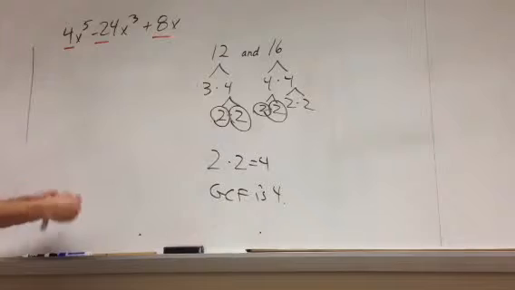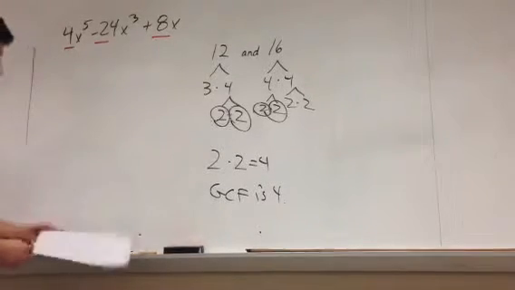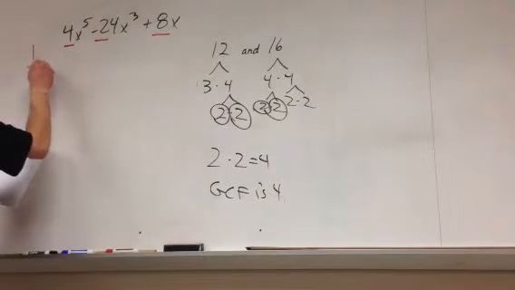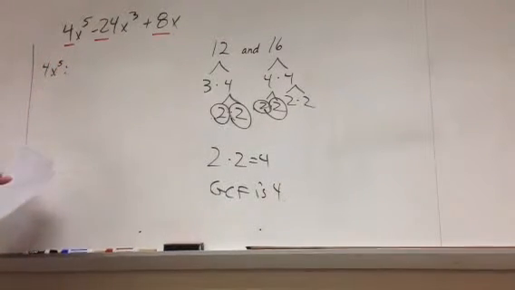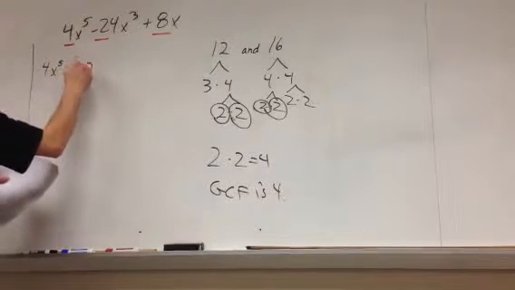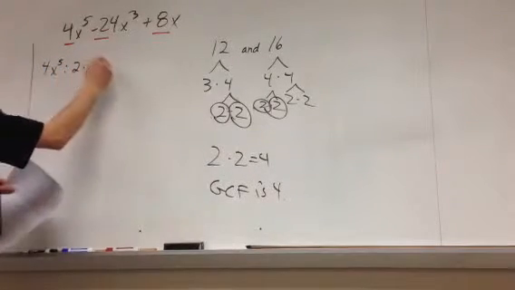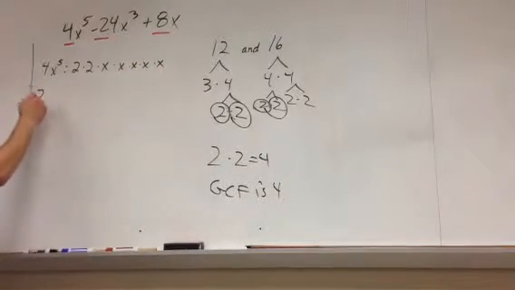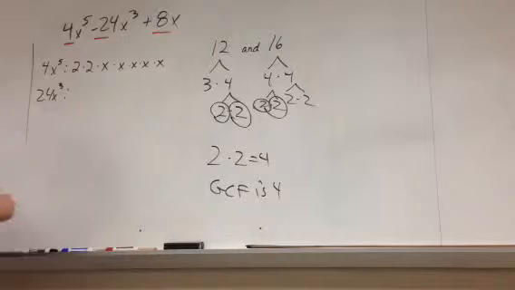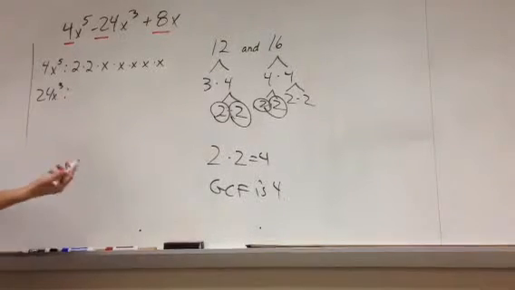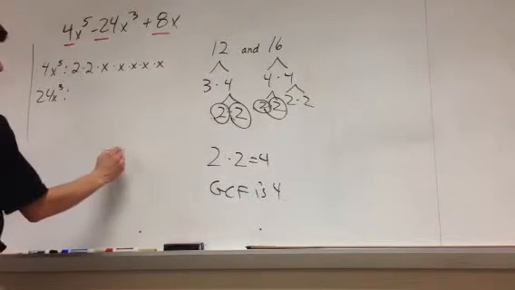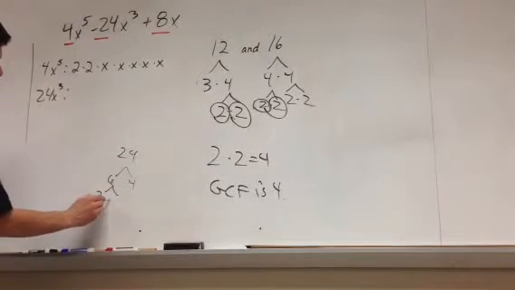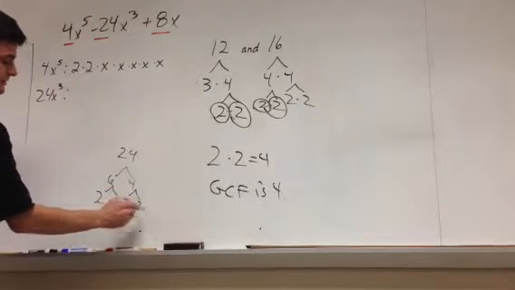Okay? So I have all the terms written out for you underneath. The 4x to the 5th, really that's 2 times 2 times 5 x's. That's all x to the 5th is. And then 24x cubed. 24, if you're having trouble, just use your factor trees. 24 can be broken down into 6 and 4, and then 2 and 3, and then 2 and 2.